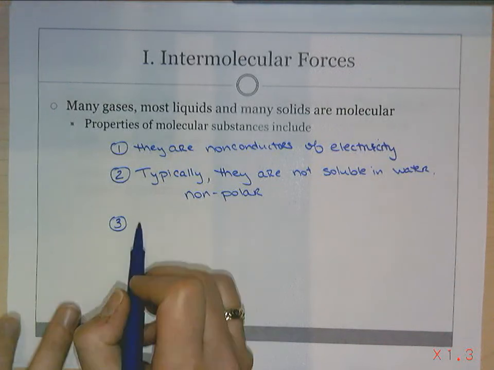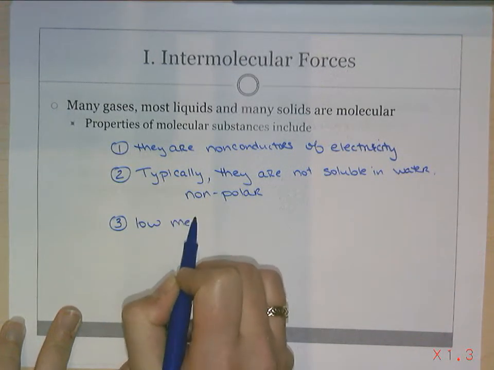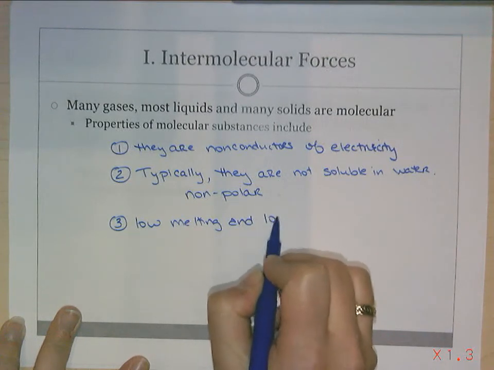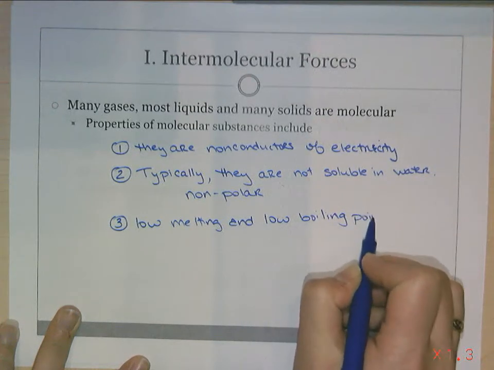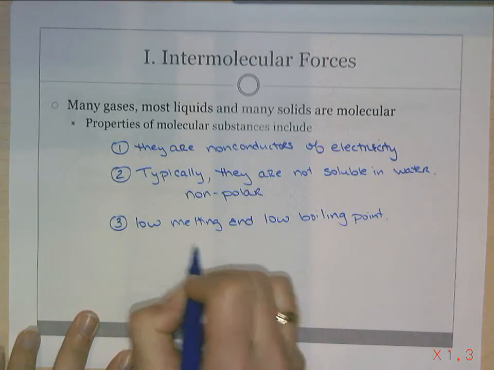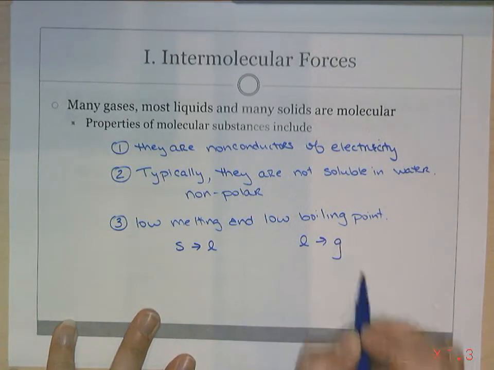Alright, the last thing is that they typically all have a low melting and a low boiling point. Melting is going from solid to liquid state, and boiling is going from liquid to gas state.